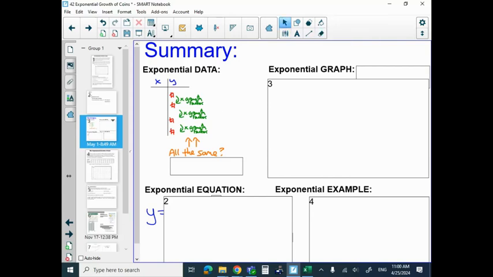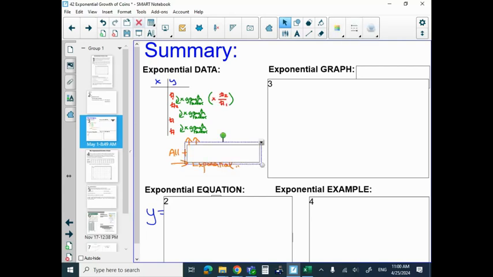So maybe I'll put this in as number one and number two. So the growth factor multiple is number 2 divided by number 1, right? So that's the multiple there. So if that's always the same, then you've got a situation that is exponential.